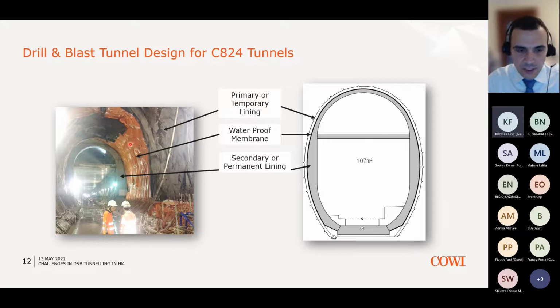In other projects it may be a sprayed membrane, assuming that there is water underground. If there's no water, it's completely dry, obviously you don't need to install that. And then you can see the permanent lining installed in the end. On the right-hand side is a detail from one of our drawings detailing the 3 different elements that I just described.